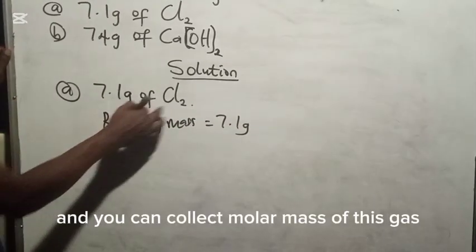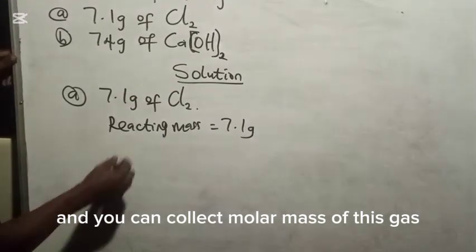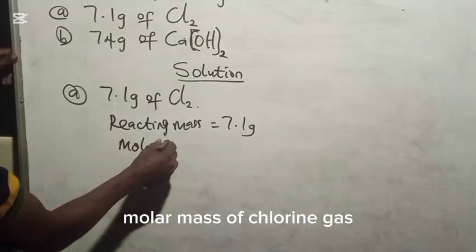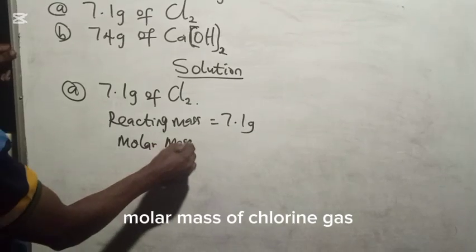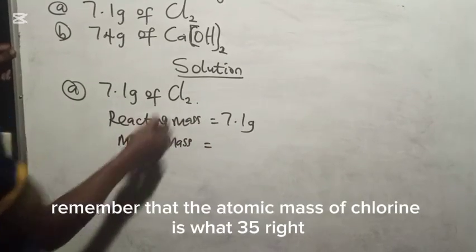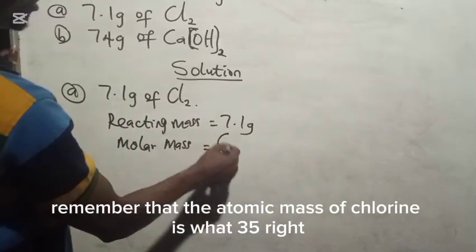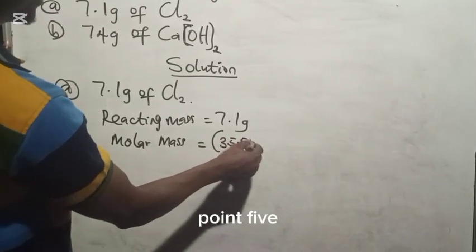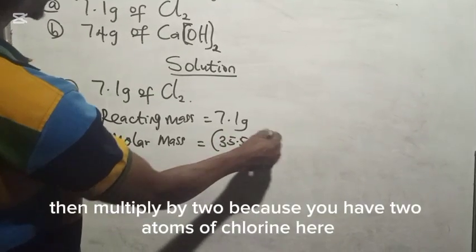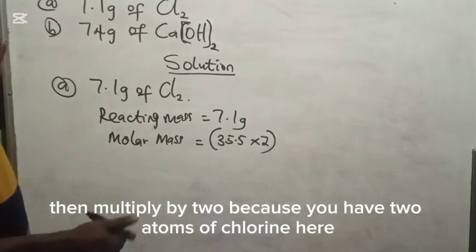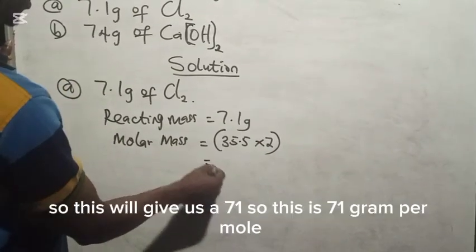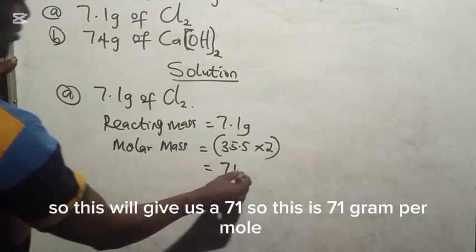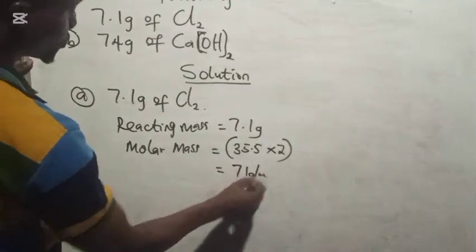And you can calculate the molar mass of this gas. Molar mass of chlorine gas. Remember that the atomic mass of chlorine is 35.5. Then multiply by 2, because you have 2 atoms of chlorine here. So this will give us 71, so this is 71 grams per mole.